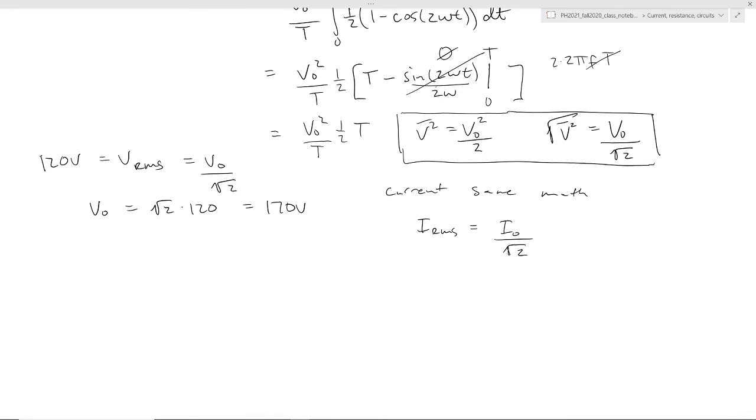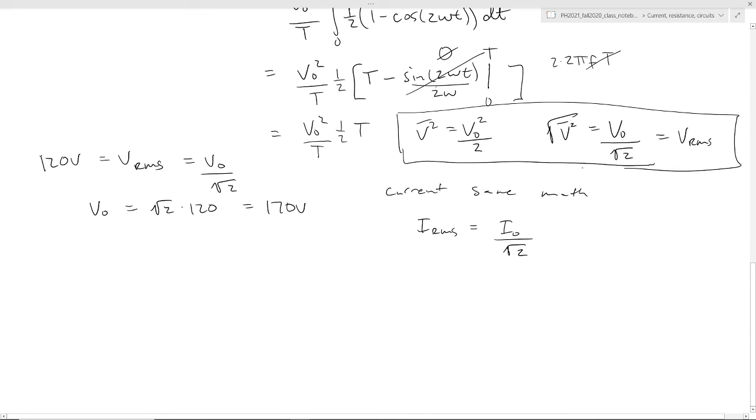Actually, let me also add this up here, that this is VRMS, just to be super explicit. So the current behaves the same way.